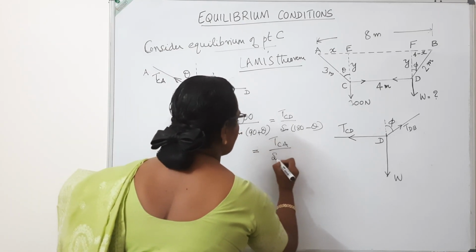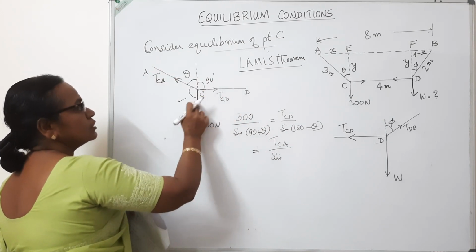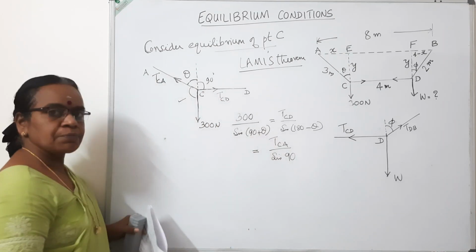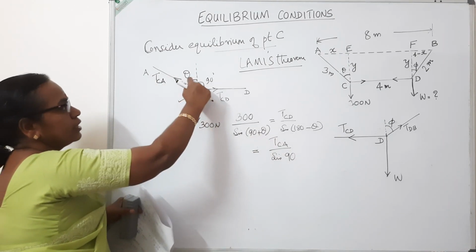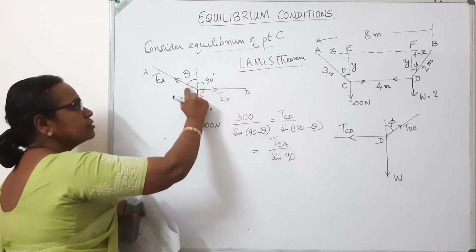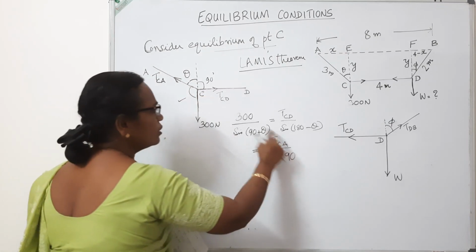TCA divided by sine of the angle between the other two. This angle is 90 degrees, sine 90. So Lami's theorem: W by sine of 90 plus theta, TCD by sine of 180 minus theta, and TCA by sine 90. So we can easily solve.